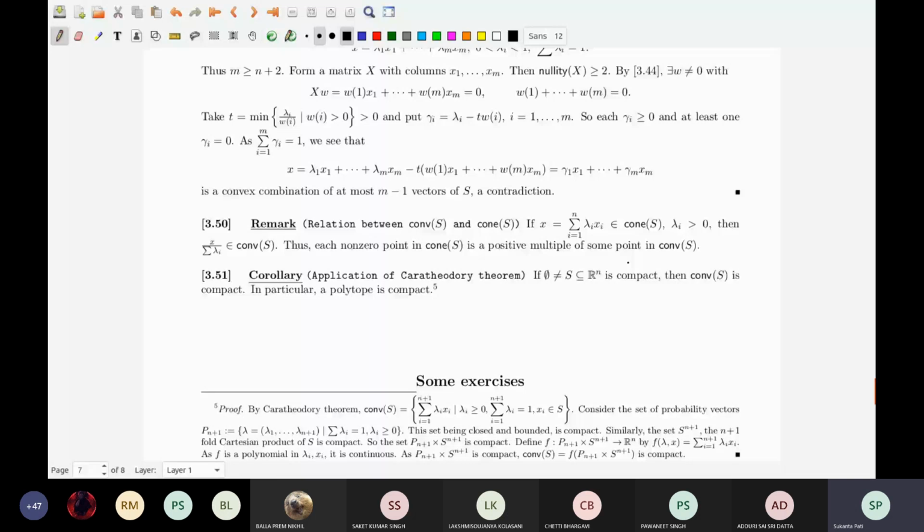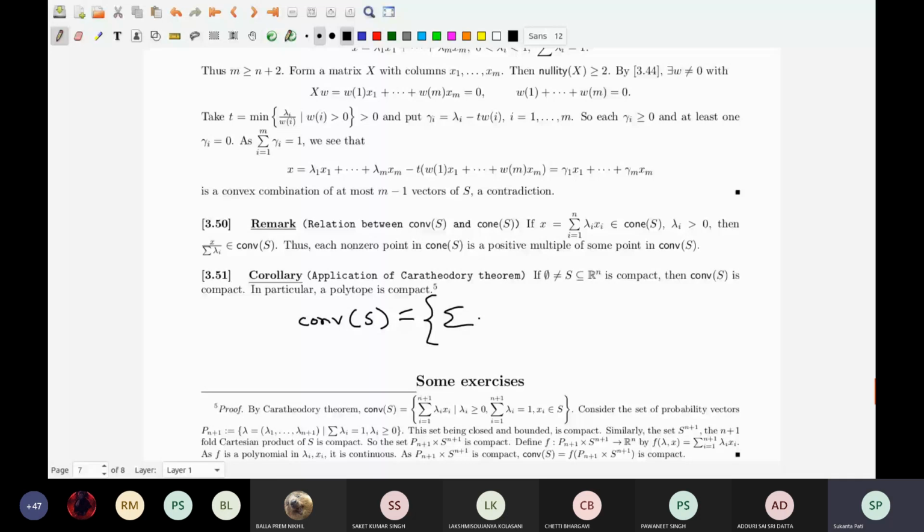It follows from here only that the convex hull of S can be obtained by gathering this kind of combinations. What are these kinds of combinations? The Carathéodory theorem said that every point of the convex hull of S can be seen as a convex combination of at most n+1 points.